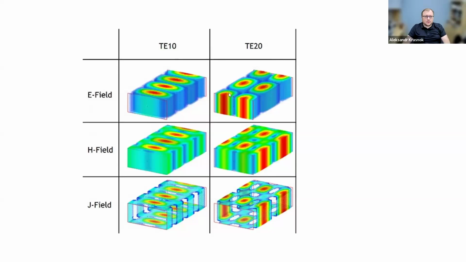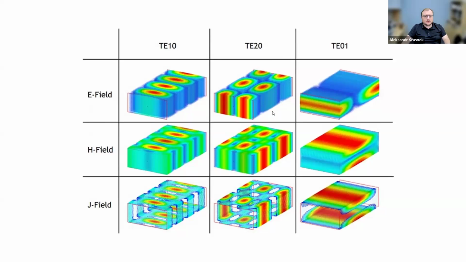For the 2-0 mode, similarly, 0 means no change in y, and exactly 2 total changes in the x direction. It changes twice here.